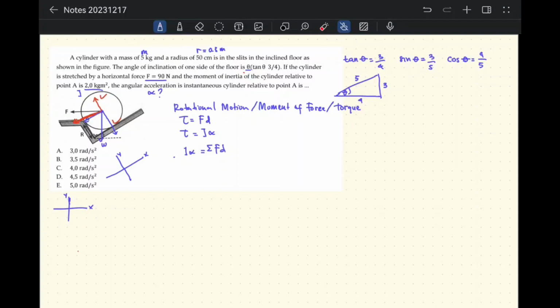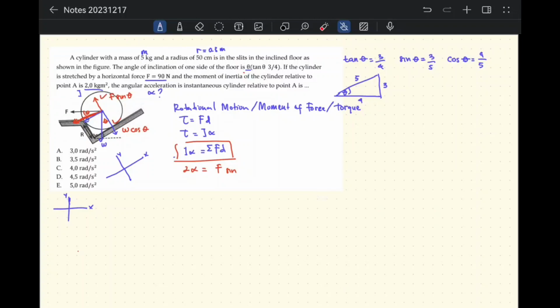So let's go back to the equation here. We have to substitute the numbers. I alpha equals, we have two forces, so the first component is F sin theta. This is F sin theta. The component of weight is W cos theta.